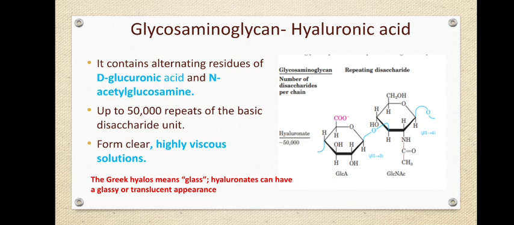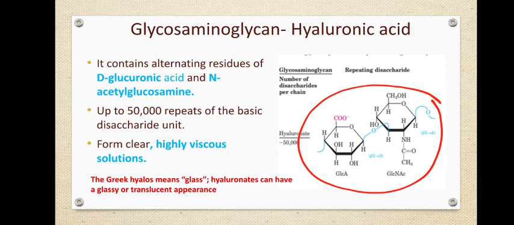So these two are the monosaccharide units that actually form a disaccharide, because this is going to be repeated throughout the length of the hyaluronic acid. And how many such units are found? Around 50,000 such repetitions are found.